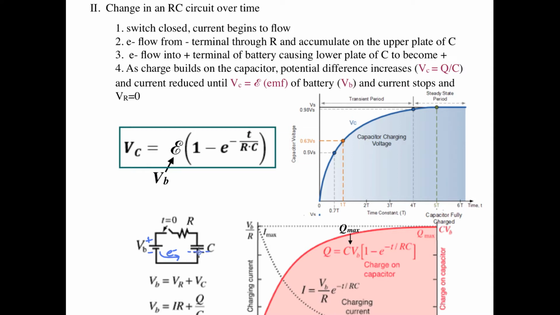Now, as this charge builds up here, the electrons on the other side are going to want to run away. They are going to repel, and electrons are going to leave this side, and that would leave this side of the capacitor plate positive as those electrons go to the other side of the battery. All right, so that's the mechanism right there.